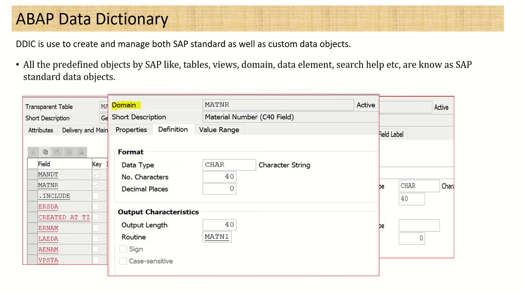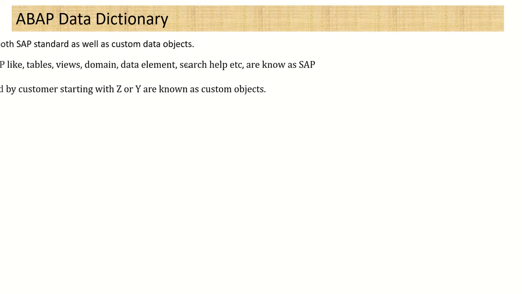SAP is a ready-to-use product, right? Once the customer purchases SAP, they do all the installation. Once the installation is done, we get all the processes ready, and we just need to do customization. The database tables and the screen designs are all ready. So all the objects created by SAP we call SAP standard objects.